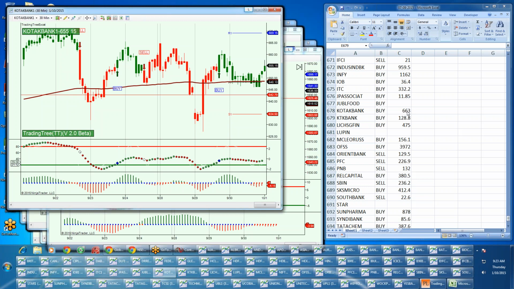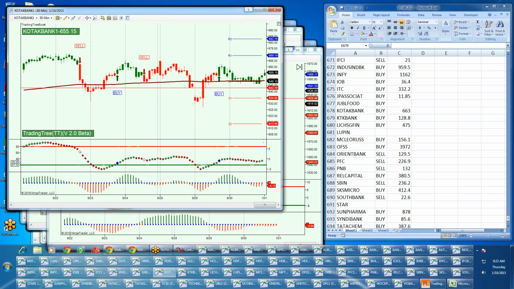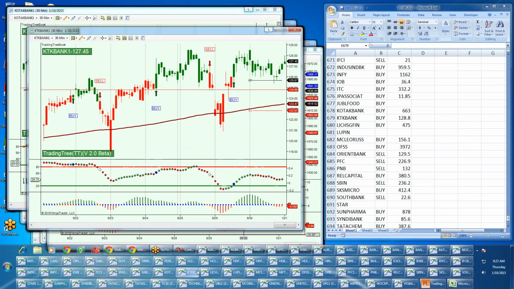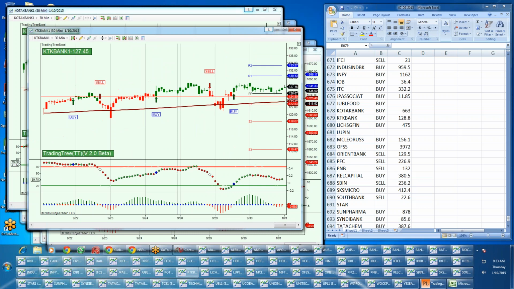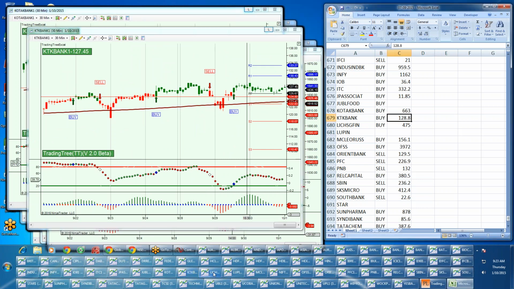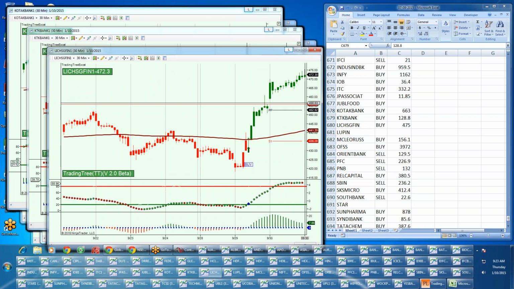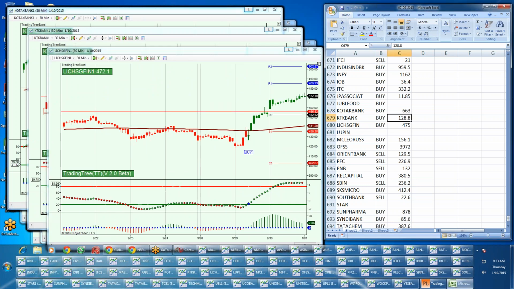Kotak 663 is the buy. KTK 128.80. So LIC, we have a buy at 475.